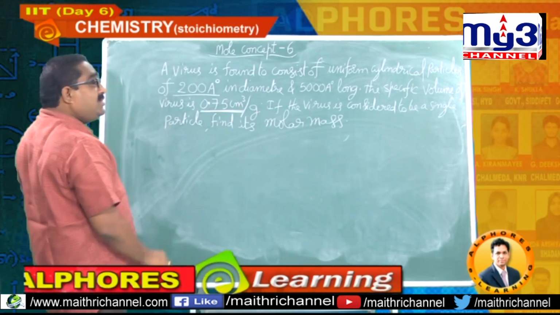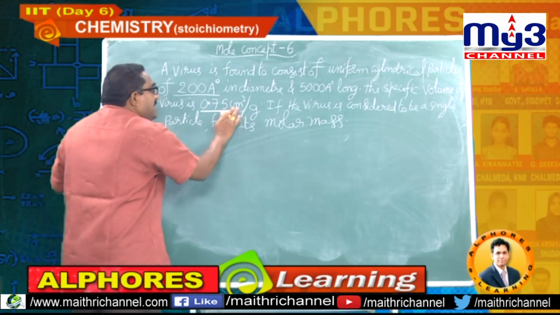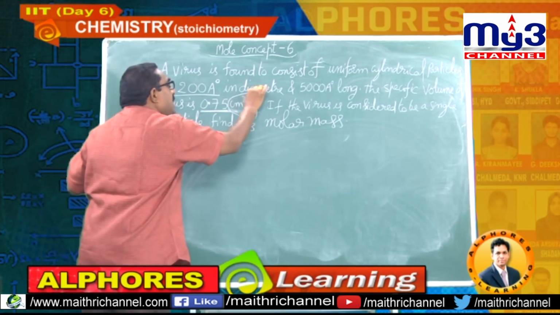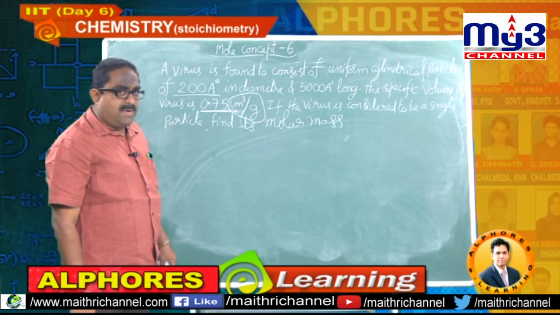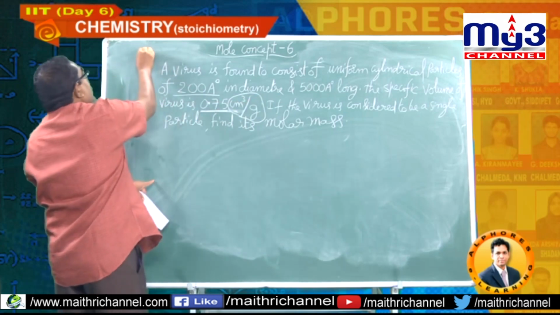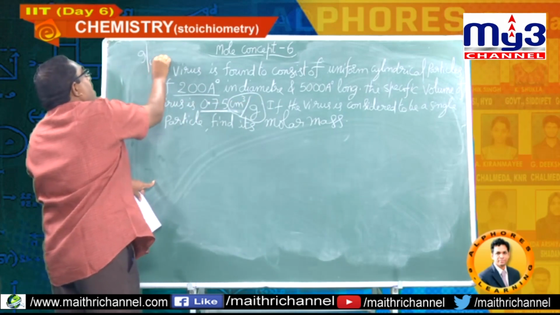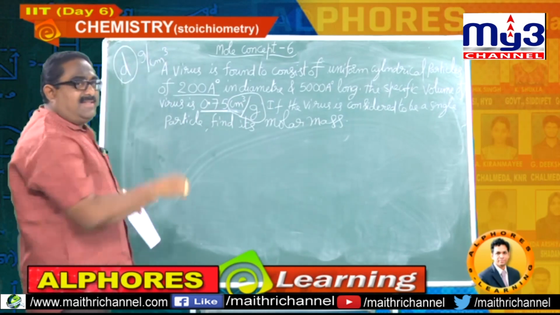What is specific volume? A new term, very simple. Just look at the unit given in the data, centimeter cube per gram. Reverse it, what will you get, students? Gram per centimeter cube, nothing but the units of density.